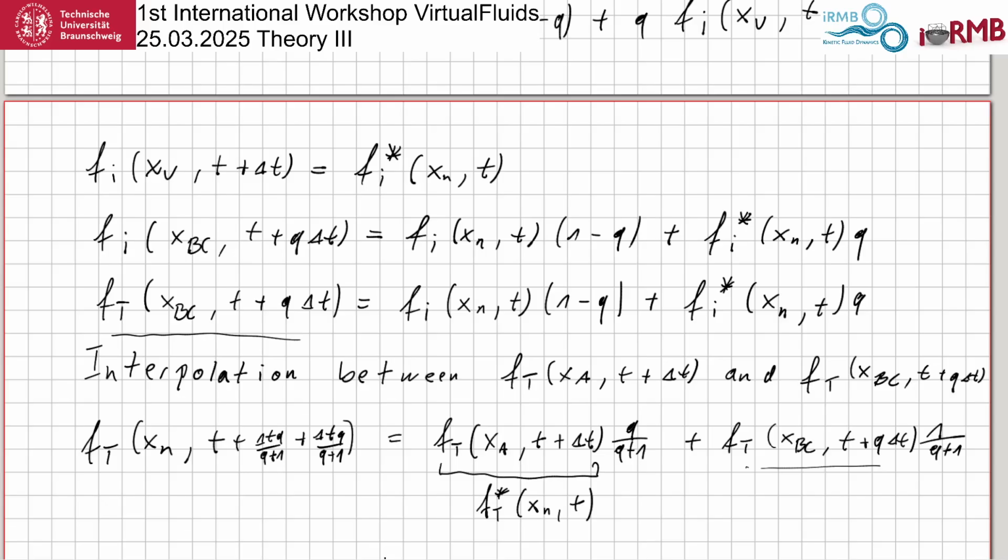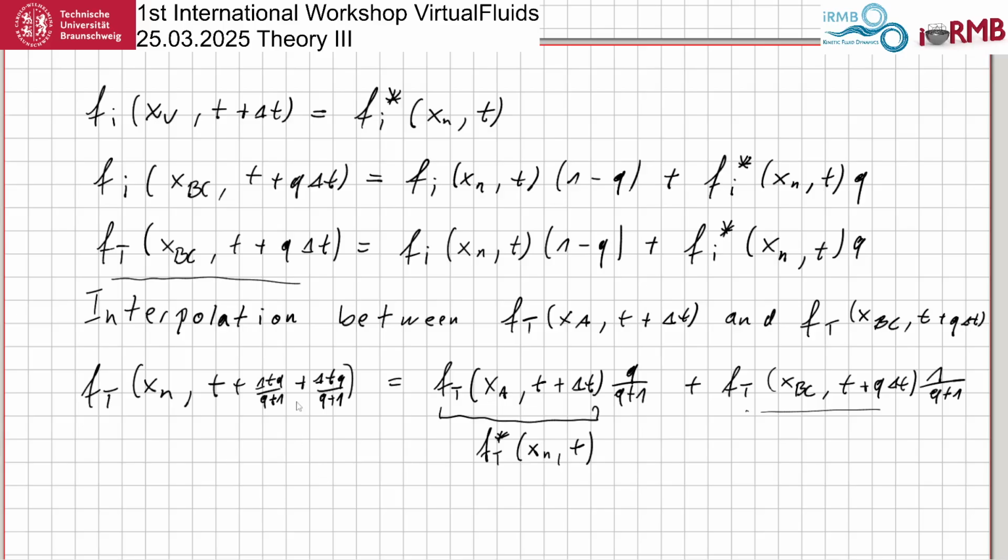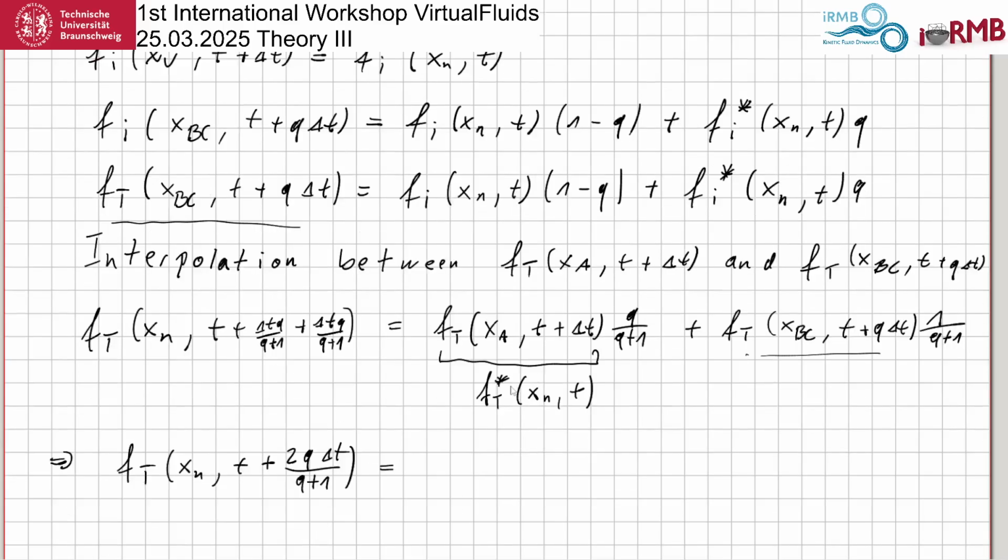And this guy here we just wrote down up there. So now we can rewrite the entire thing as Fi over by xn t plus 2q delta t divided by q plus 1 is equal to, first this guy here, q divided by q plus 1, Fi after collision, xn, and time step t.